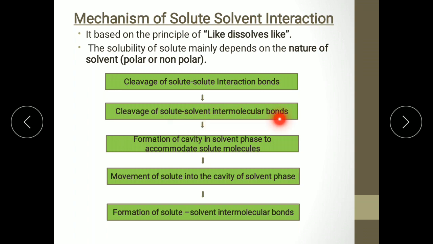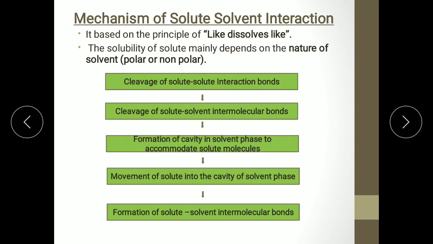When we put the solute into the solvent, some bonds are created between solute and solvent. Those bonds also break in the second step. Then formation of cavity in solvent phase. Earlier we have seen that cavities are formed in the solvent phase. Now, next step is movement of solute into the cavity of solvent phase, and finally formation of solute-solvent intermolecular bond.